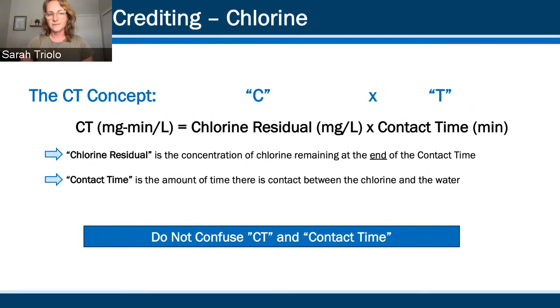And then the contact time is the amount of time that your water was in contact with that concentration of chlorine. So it can be a little bit confusing because CT might look like it stands for contact time, but it really is the product of these two things, which is chlorine residual concentration, the C, and contact time, T.